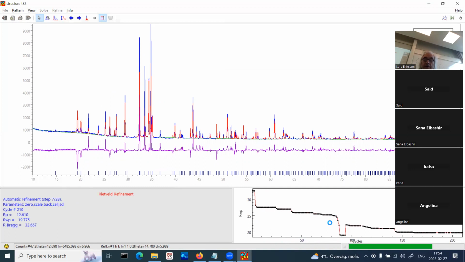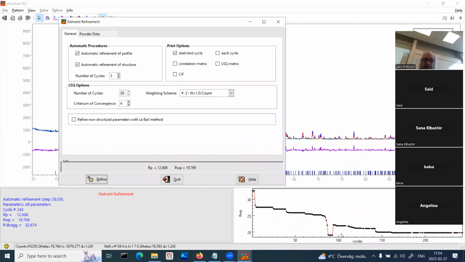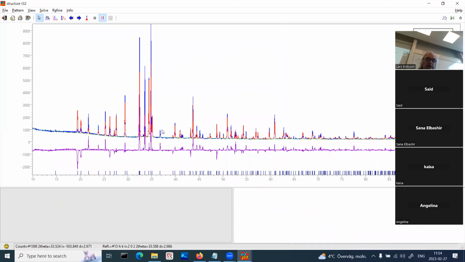And here also is a strange feature in the residual or in the Rwp. You see, it seems to oscillate. It's not a steady, constant decrease. So we are not ready here, I would say.